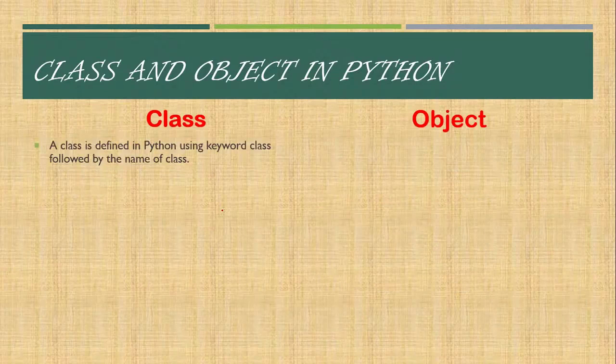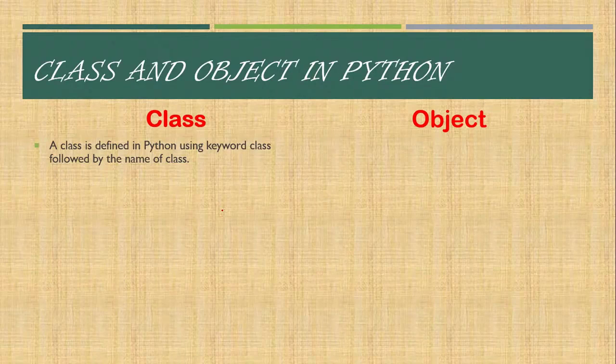Basically, any programming language which uses the object oriented paradigm uses this concept of class and object. A class is defined in Python using the keyword class followed by the name of the class.